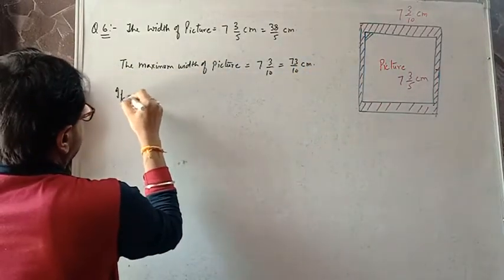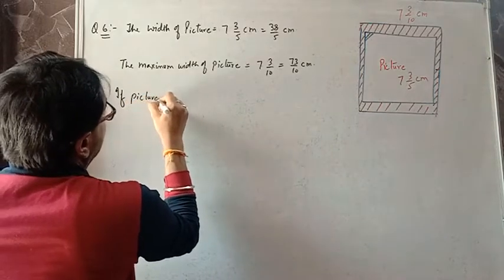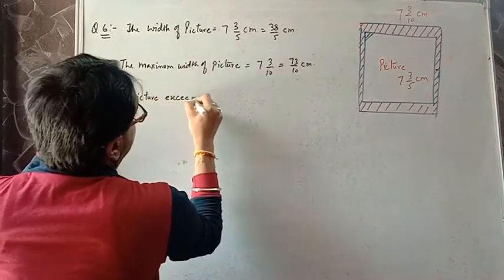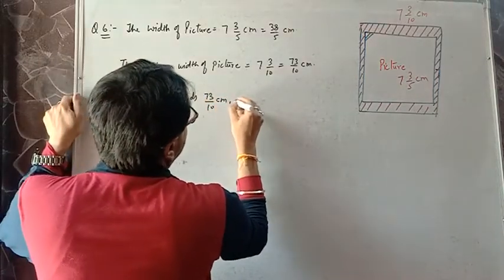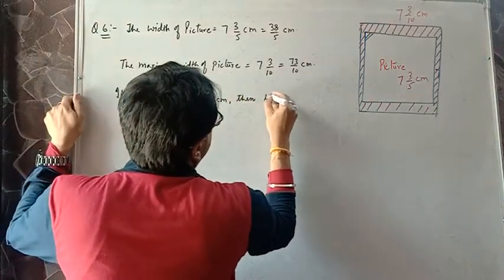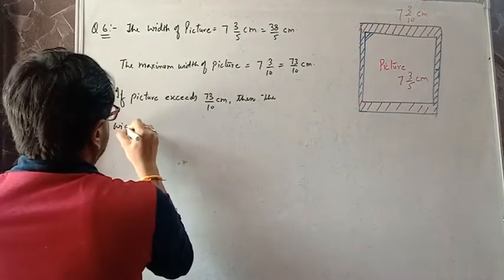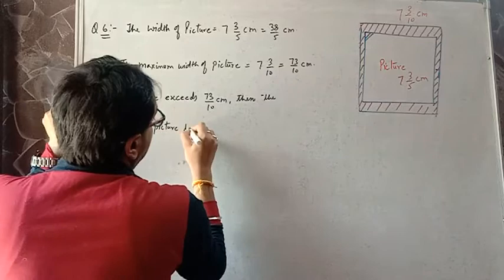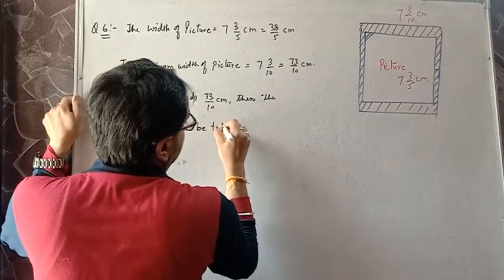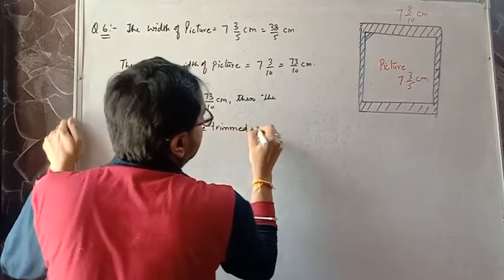If the picture exceeds 7 3 by 10 centimeter, then the width of the picture to be trimmed is equal to what?